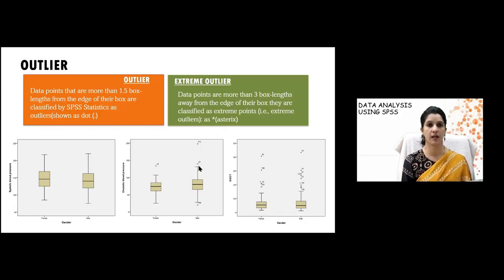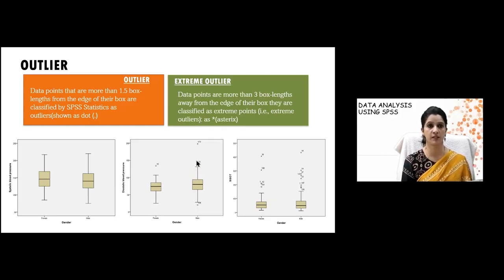And if you see the value, it will be more than 1.5 box length from the edge of the box plot. So the distance between this edge and this will be more than 1.5 box length, so SPSS characterizes it as an outlier. Now the second concept is the extreme outlier: the data points which are 3 box lengths away from the edge of the box plot.